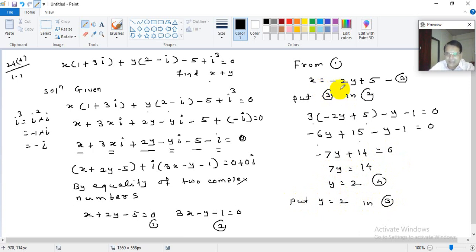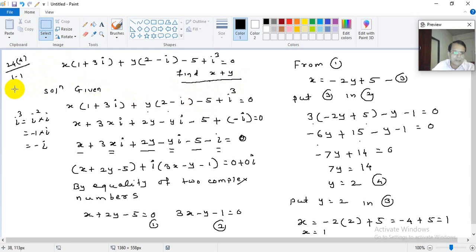Equation 3 is x = -2y + 5. So that gives x = -2 into 2 plus 5, which is -4 + 5, it is 1. So finally you got x = 1. Now it is simple, you are asked to find x + y.